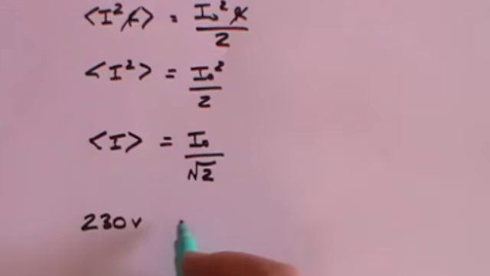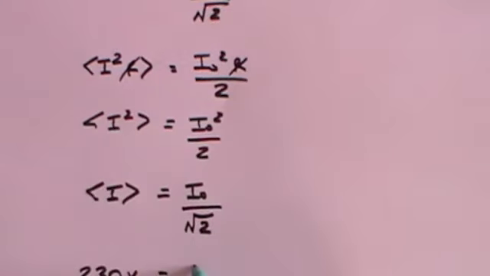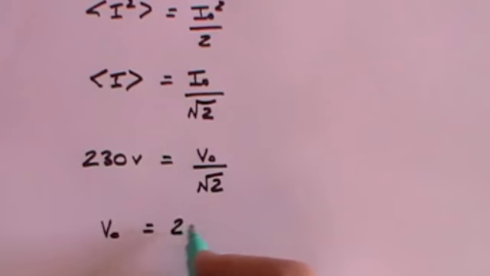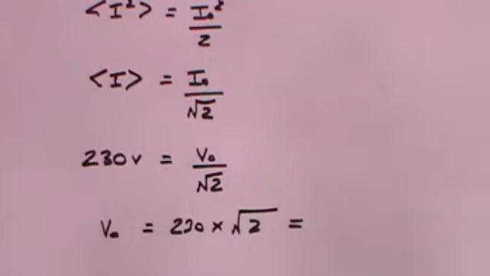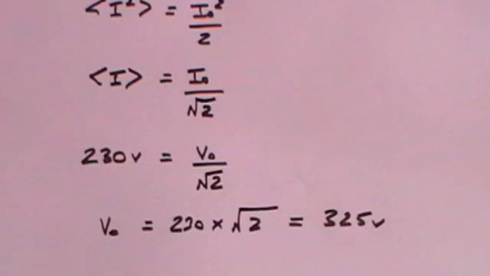The average voltage is equal to the maximum voltage divided by the square root of 2, which means that the maximum voltage is equal to 230 times the square root of 2. And that is approximately 325 volts.